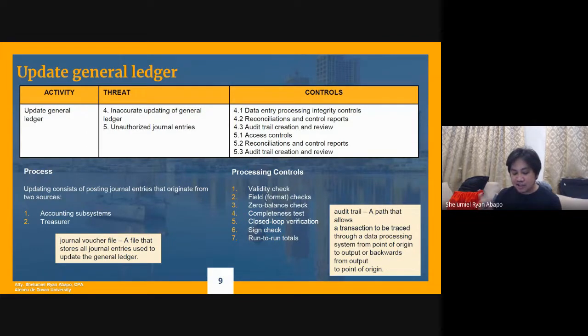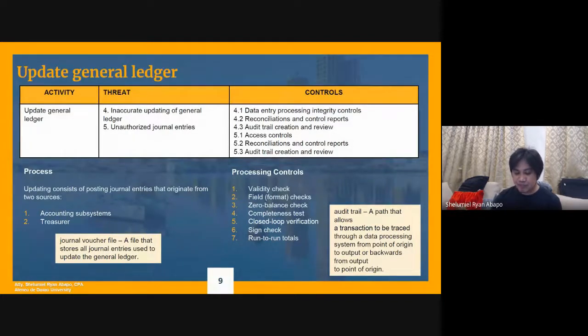Okay? The journal voucher file will contain information that is normally found in a general journal in your manual accounting system. What are these data that you usually find in the manual general journal? It could be the date of the journal entry, the accounts debited, the accounts credited, and the total amounts.